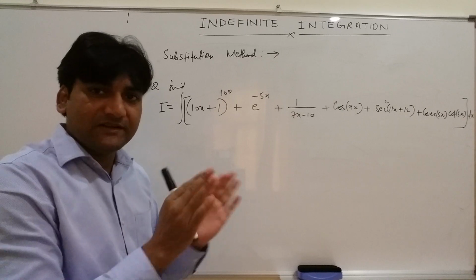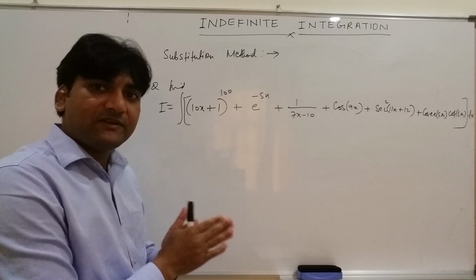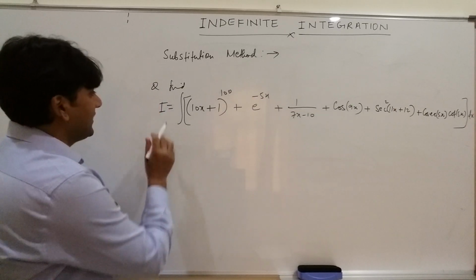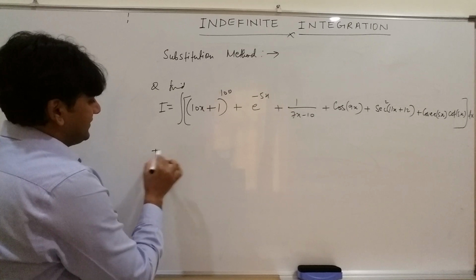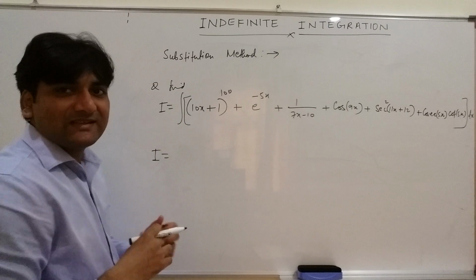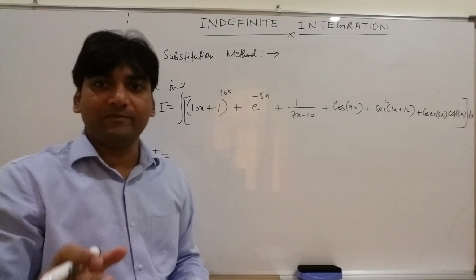I will integrate according to the formulas, and whatever the x coefficient is, I will take that x coefficient in the denominator. So let us understand. I means integration. So 10x plus 1 is like x raised to n, whose integration was x raised to n plus 1 over n plus 1.